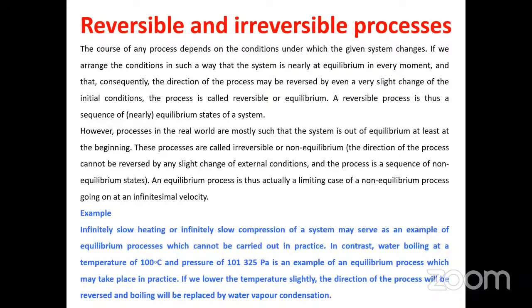So the course of any process depends on the conditions under which the given system changes. So if we arrange conditions in such a way that the system is nearly at equilibrium in every moment, and that also consequently the direction of the process may be reversed by even a very slight change of the initial conditions, that is when the system is at nearly equilibrium.